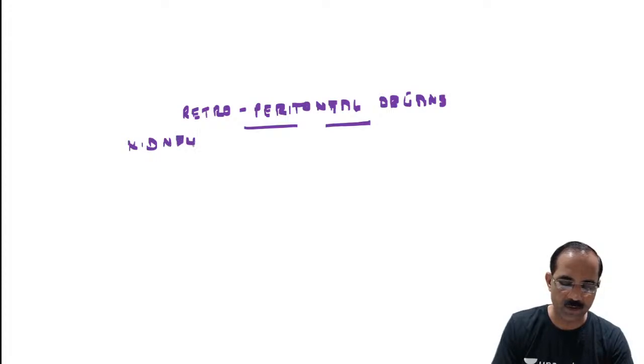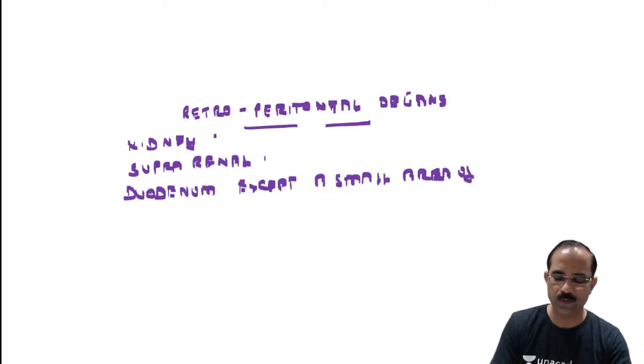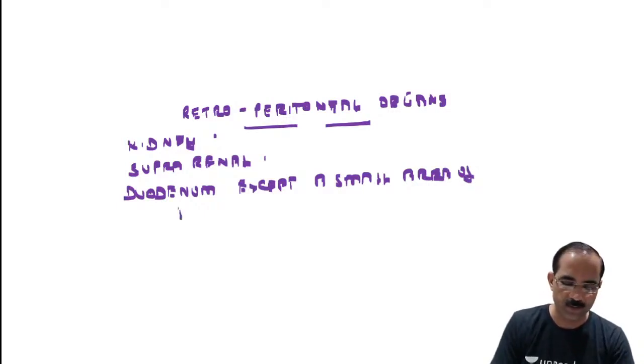The kidney, the suprarenal glands, duodenum, except a small area of the first and the fourth parts.